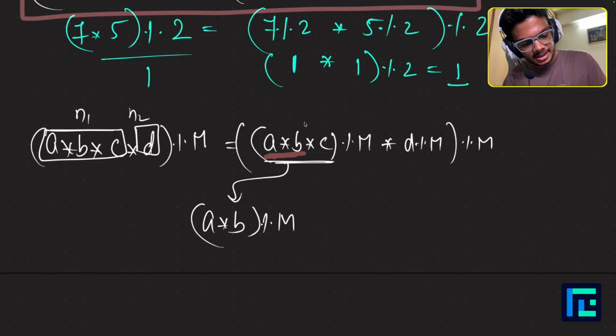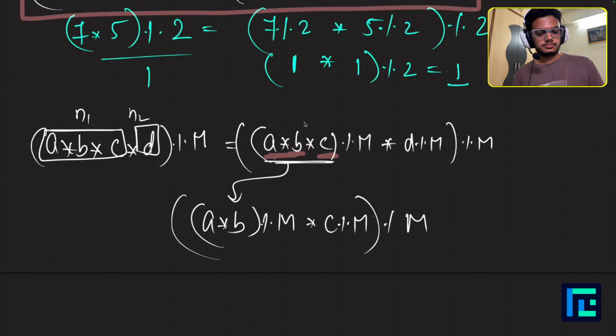You are treating this part as one and this part as another. So a into b mod m, into c mod m, whole mod m. And this, like you already know, is a mod m, b mod m, mod m.